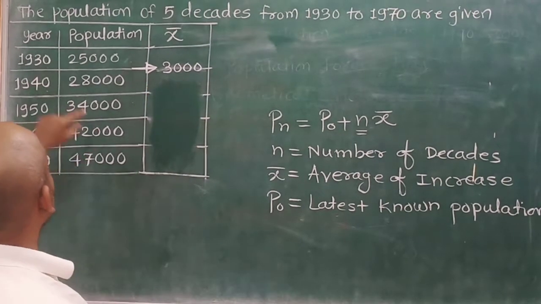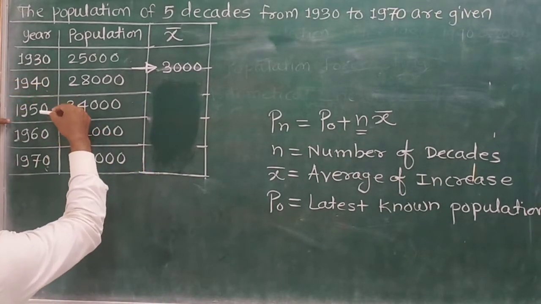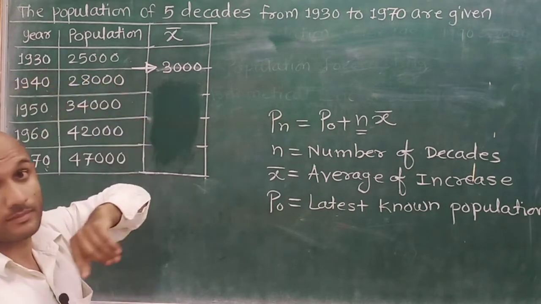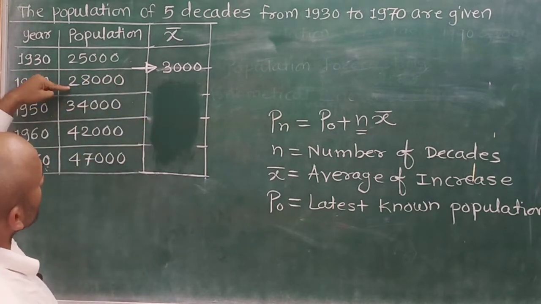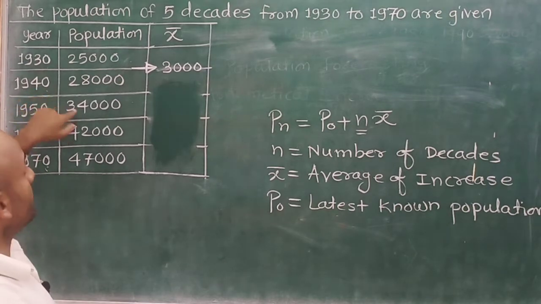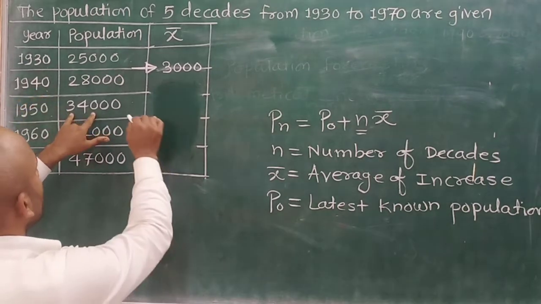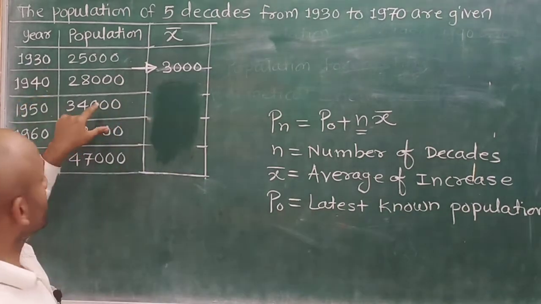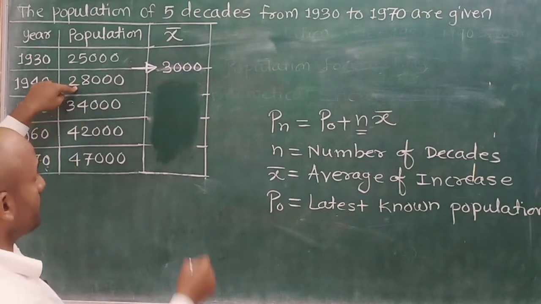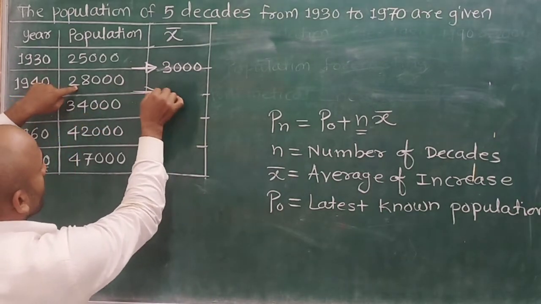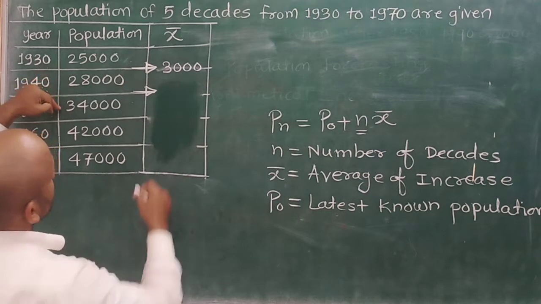Now the increase from 1940 to 1950. After 28,000, the population in the next decade is 34,000. So 34,000 minus 28,000, the increase is 6,000.